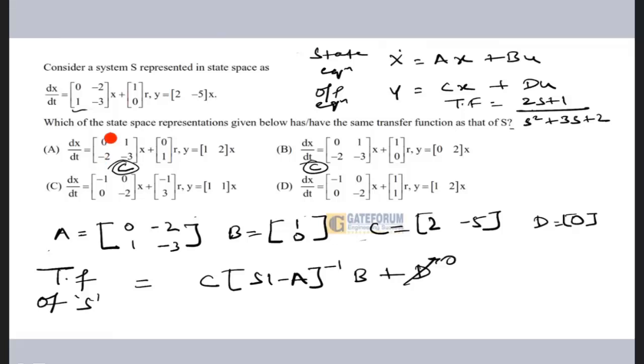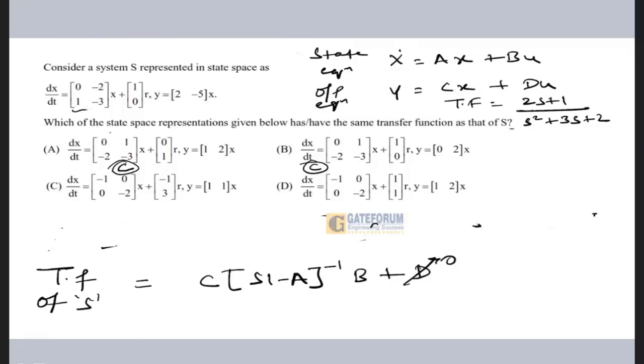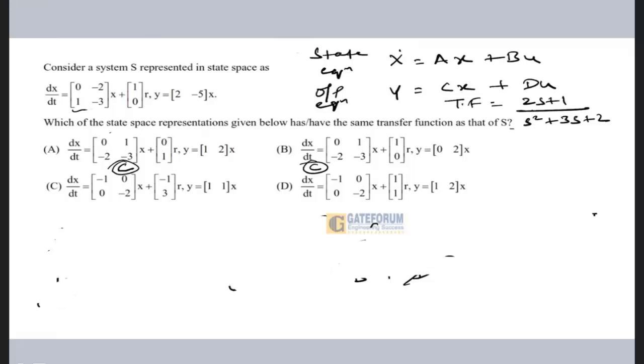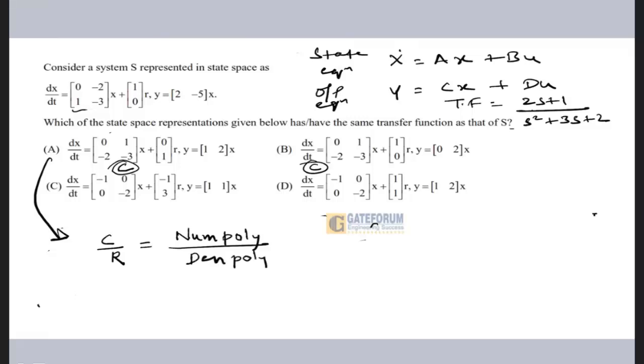Okay. So if I just find out the transfer function now, see here. For this particular system, if I try to find C by R, that is the transfer function, then I have numerator polynomial by denominator polynomial, or the characteristic polynomial.